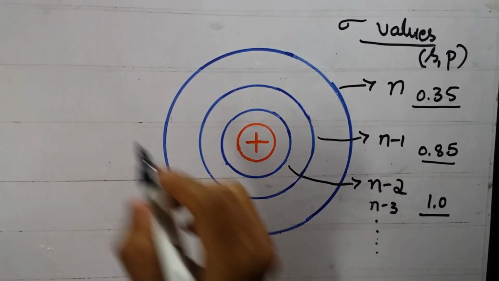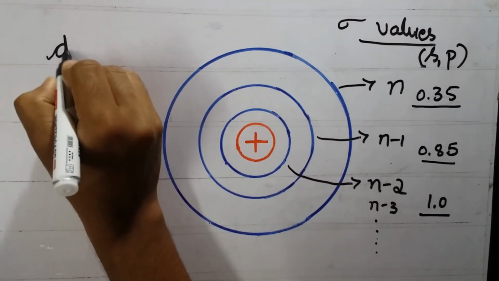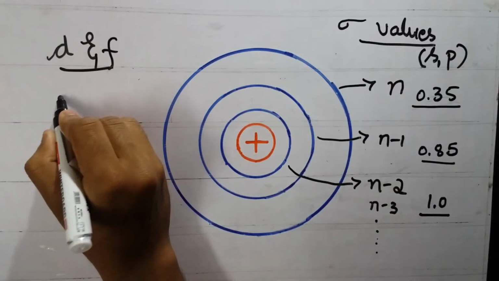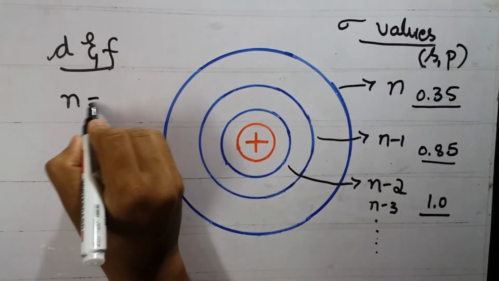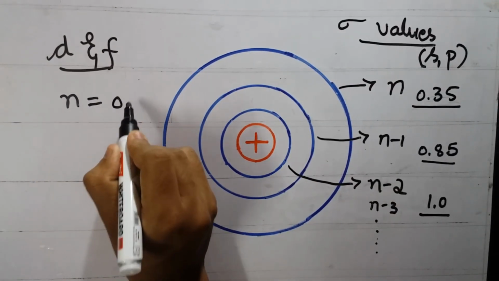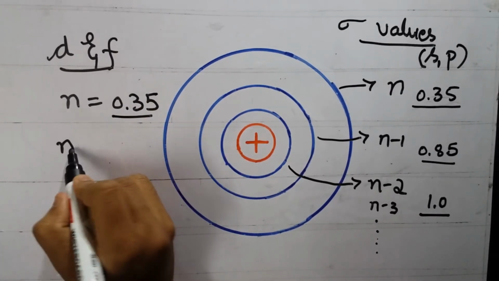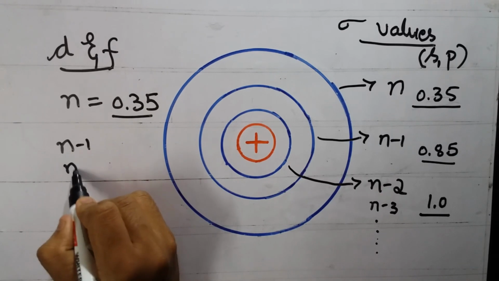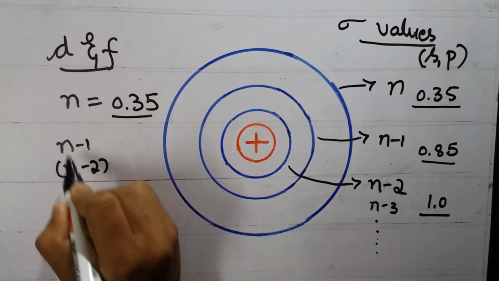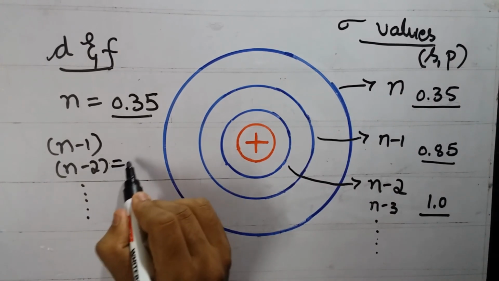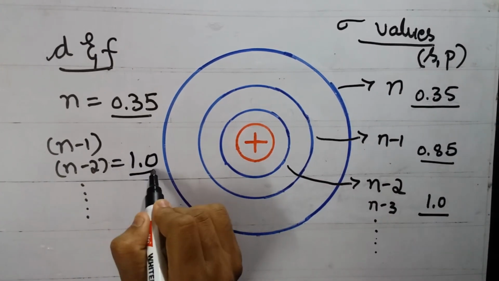Similarly, for d and f orbitals, the n shell contributes around 0.35, and n minus 1, n minus 2 and so on would contribute around 1.0.